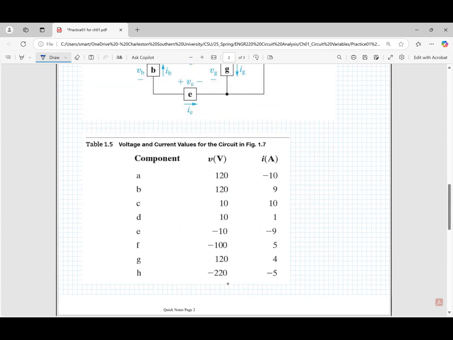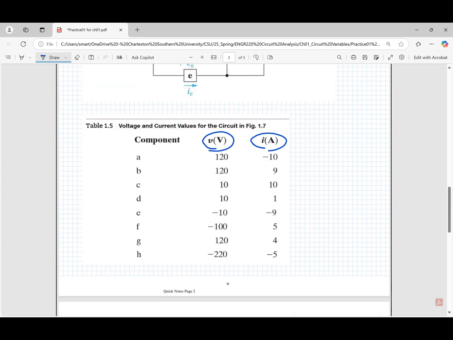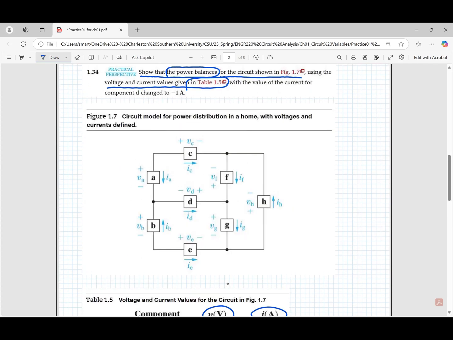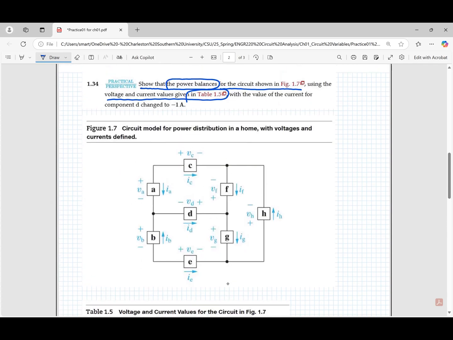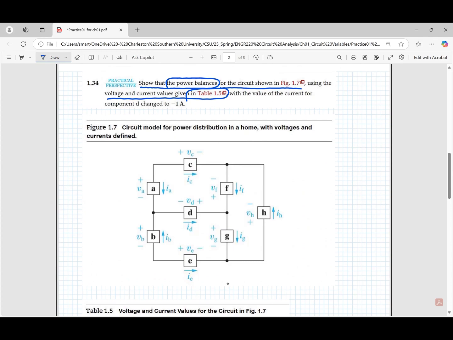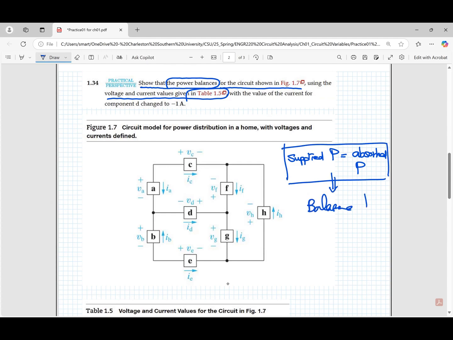That was the given voltage and current for the components A, B, C, D, E, F, G, H. So from this question, we have to verify that the supplied power and the absorbed power are the same. This is the power balance.